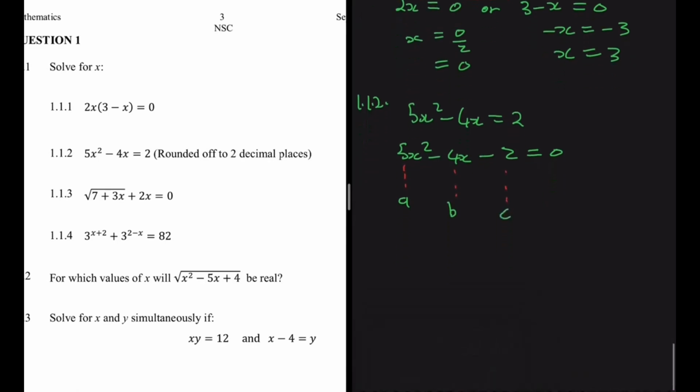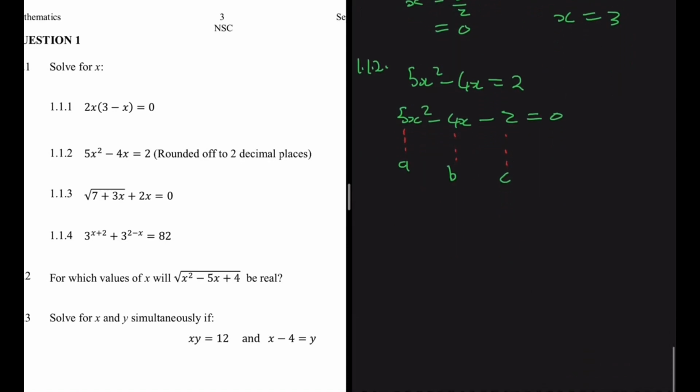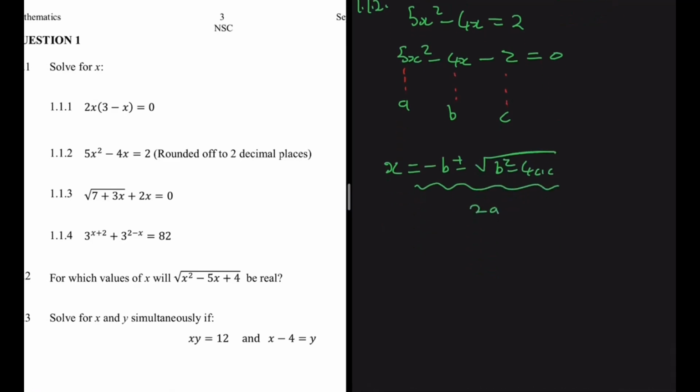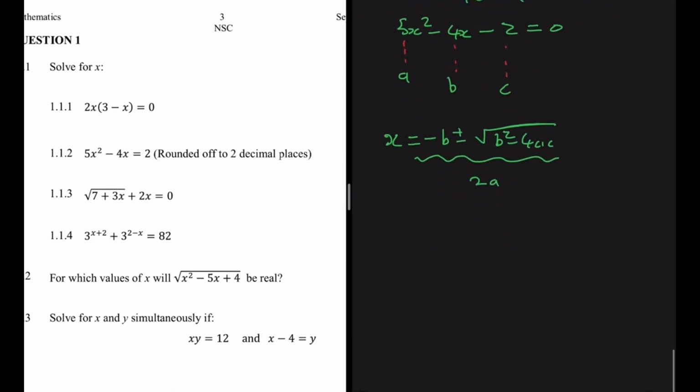And the general formula for a quadratic equation is given as x is equal to minus b plus or minus the square root of b squared minus 4ac, divided by 2a. So now it's just a matter of substituting into this equation and we get our values of x.